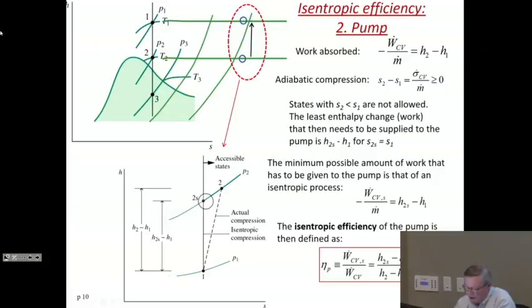H2s minus H1 here is smaller than H2 minus H1. In other words, the work that you calculate when you assume the transformation is isentropic is smaller than the work you're really going to be paying. So there is a price in efficiency of your pump, which is H2s minus H1, the smaller number, over H2 minus H1, the larger number, and that is going to be the isentropic efficiency of your pump.